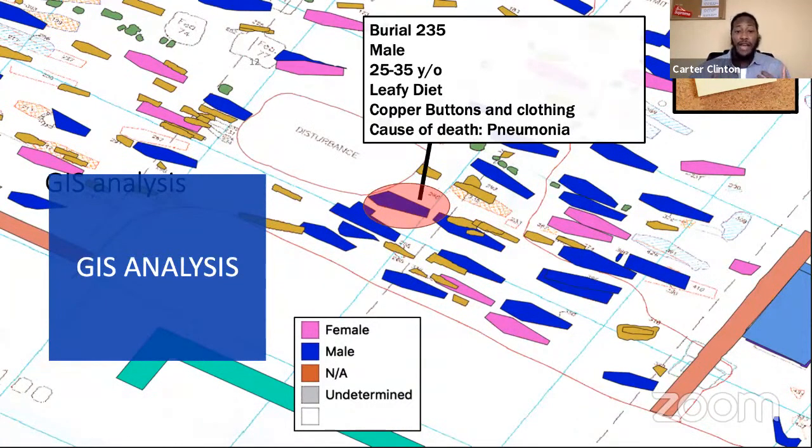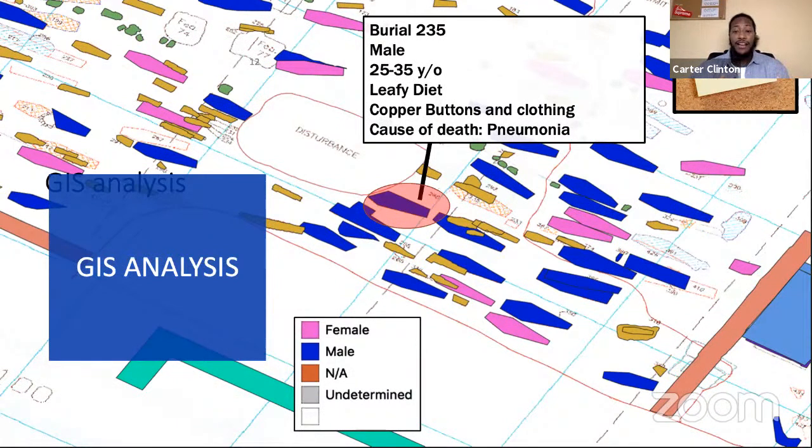They were buried with copper buttons and clothing. So maybe perhaps this person was even a free African versus an enslaved African. And we found out that their cause of death, or something that they suffered from, was pneumonia by finding this bacterial DNA in that specific burial.